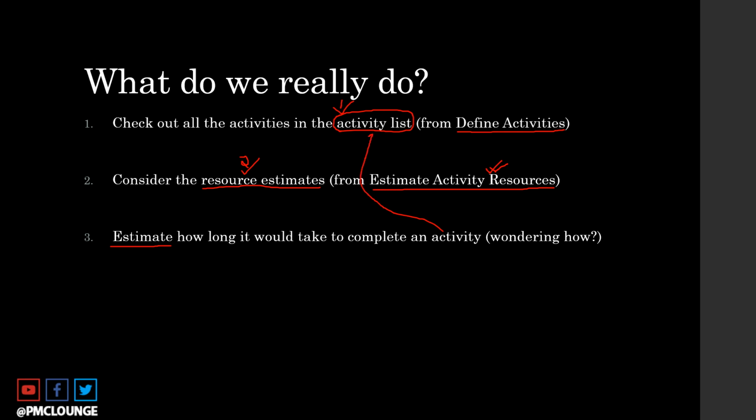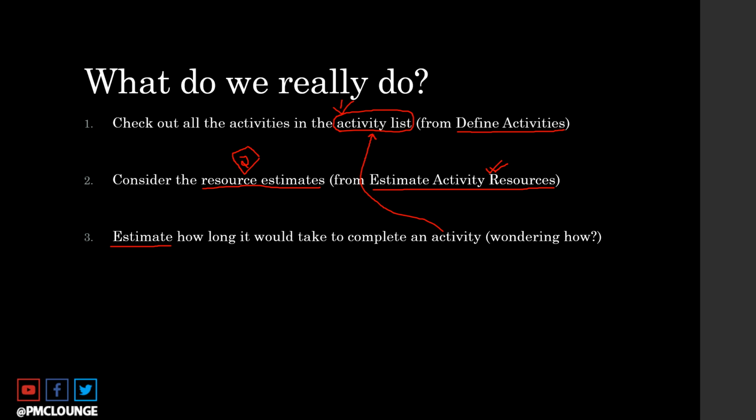So for each and every single activity that is part of the activity list, how long will it take for you to perform those activities, to finish those activities? And you already have the resource estimates with you as well, which means you already know what all the resources are that you need to complete an activity.